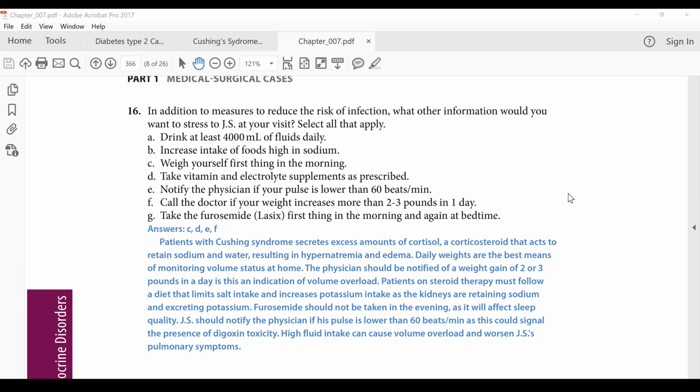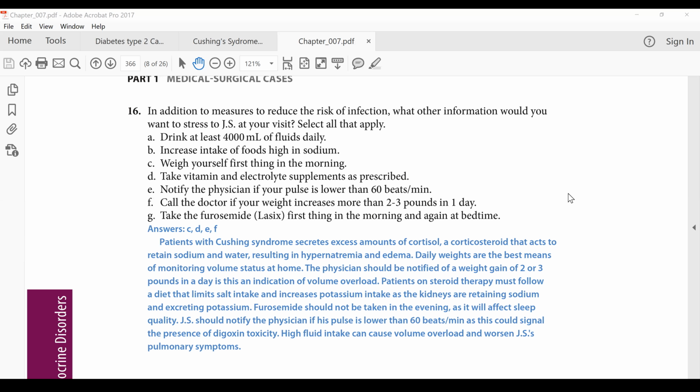Other things we can do for Addison's is to make sure we reduce noise. Protect them from light, temperature, and noise, because that will increase their stress levels. For a patient with Addison's, so if they have hypocortisolism, is that lifelong therapy?